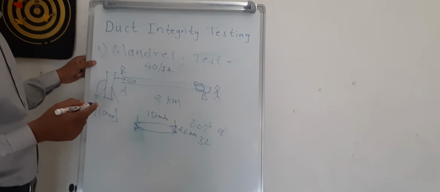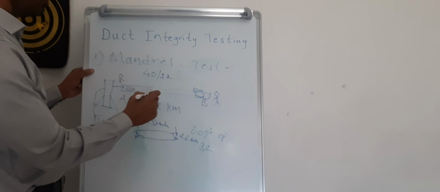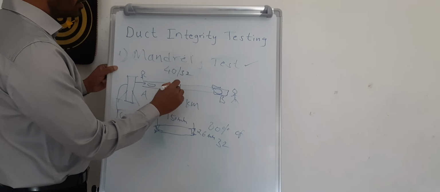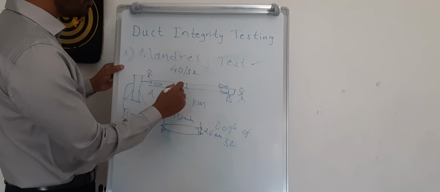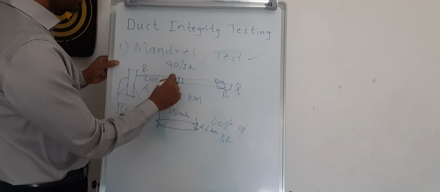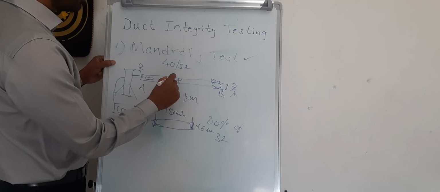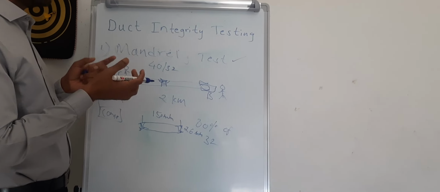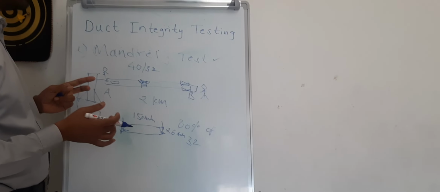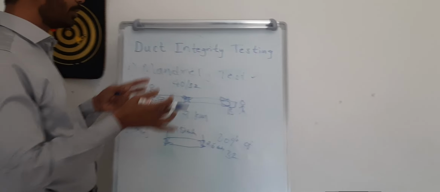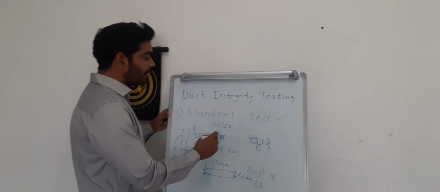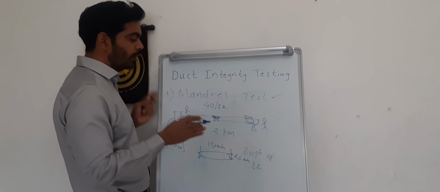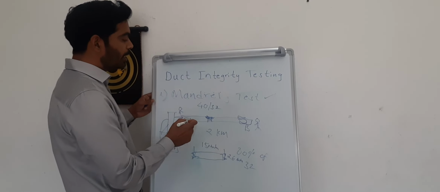Now let's assume that at 1 kilometer, somewhere here, there is a blockage. Let's assume that there is a kink like this. A kink is what happens if a stone is placed on the duct, or an impact has happened because of a stone falling on the duct, so that a portion of the duct is damaged and pressed.